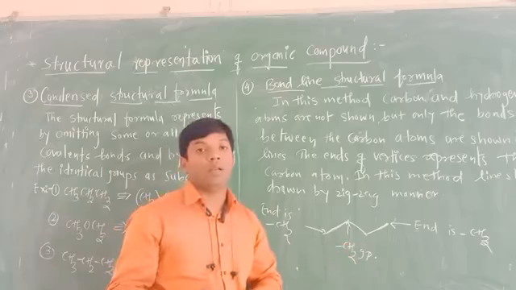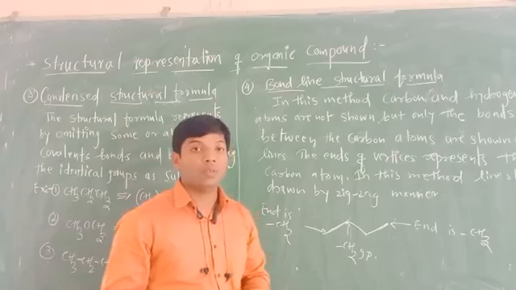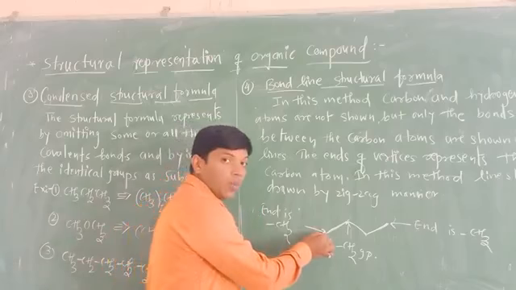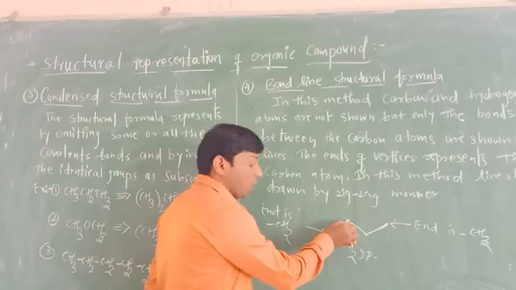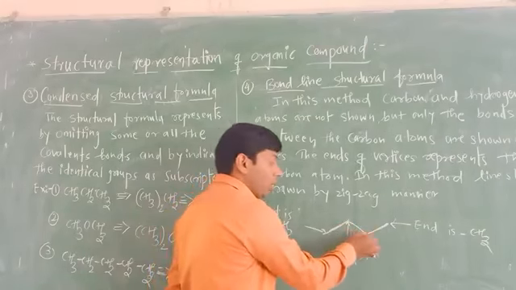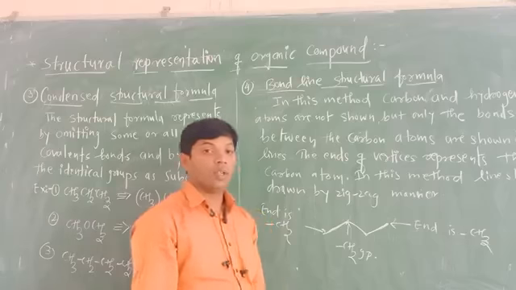Means you have to write the necessary number of hydrogen atoms present in the structure. See here, here a carbon atom is there, here two lines are joined, here also a carbon atom is there, here also two lines are joined, here also a carbon atom is there, I can write as CH3.